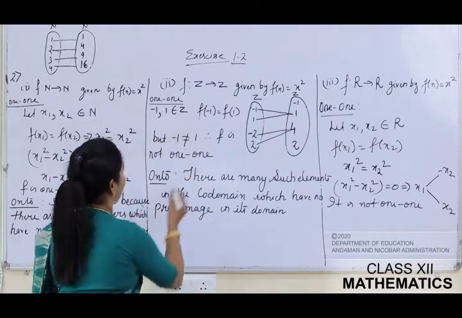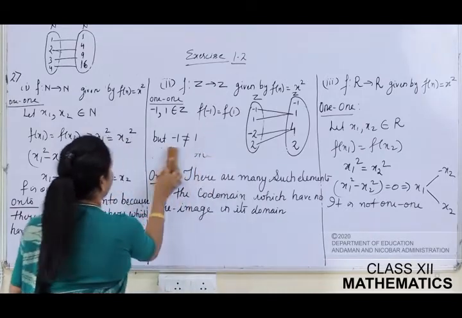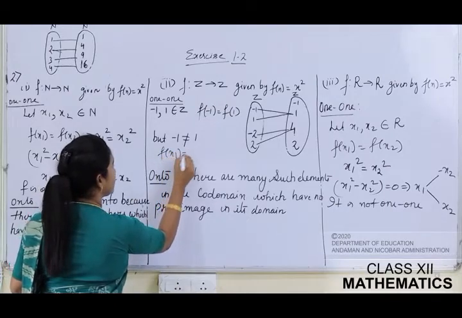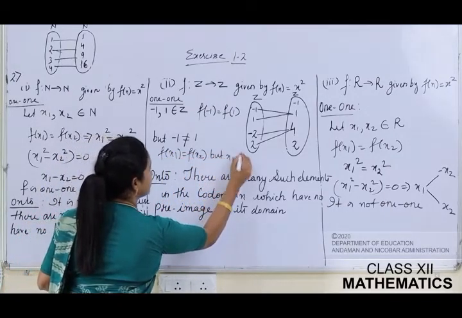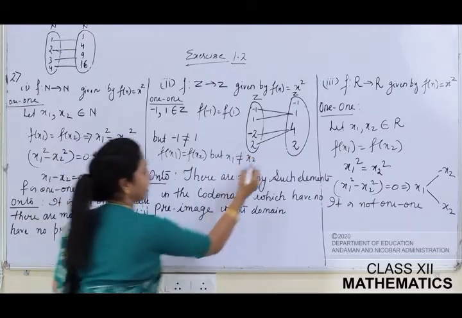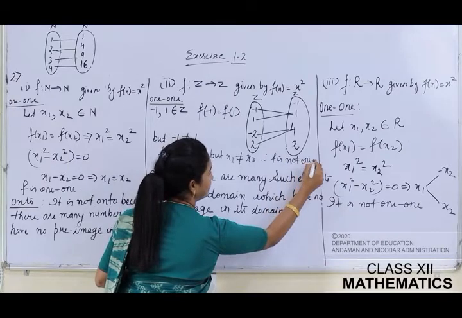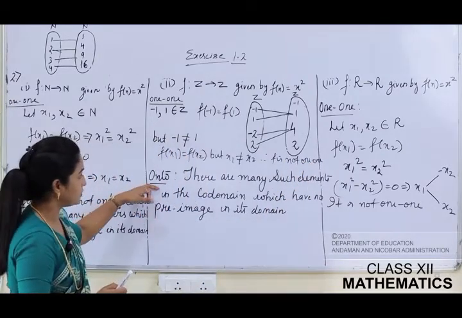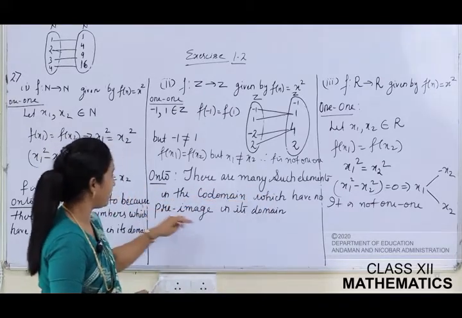You can add up here, f(x1) is equal to f(x2), but x1 is not equal to x2. Therefore, f is not 1-1. Clear, children? Now, whether onto: there are many such elements in the codomain which have no pre-image in its domain.